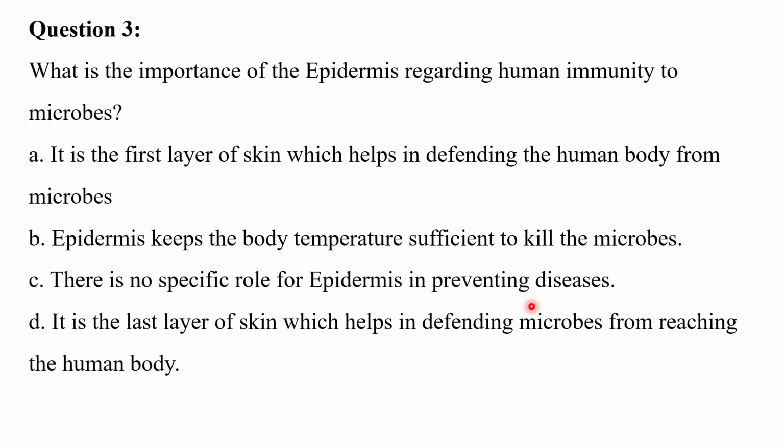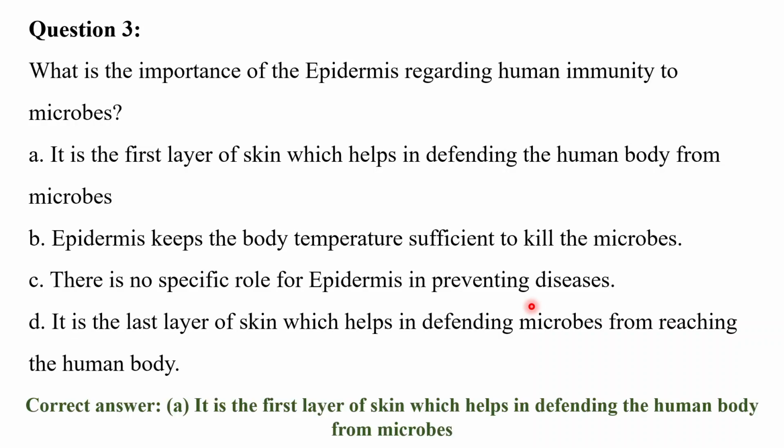So the correct answer, yes, Chetna has answered. The correct answer is option number A. It is the first layer of the skin which helps in defending the human body from microbes. So human body has certain protective barriers. So skin is the first barrier that protects our internal organs and tissues from different microorganisms and different pathogens present in the environment.